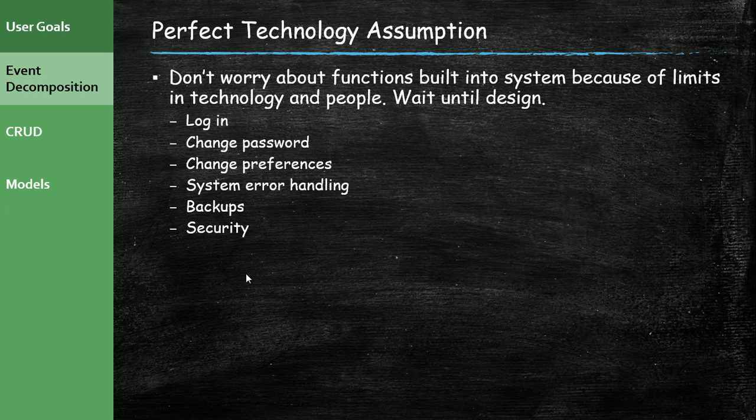So they're going to get bogged down in that and try to think about all the stuff that they don't know and say, okay, well, I don't know what this login thing is. How is this going to work? Well, why waste time discussing that in the analysis phase when we could do that later on in the design phase? That's something we know has to be done anyway. So, and this is important, I think, no matter how you're doing the use cases, use the perfect technology assumption so we don't get bogged down in these details.